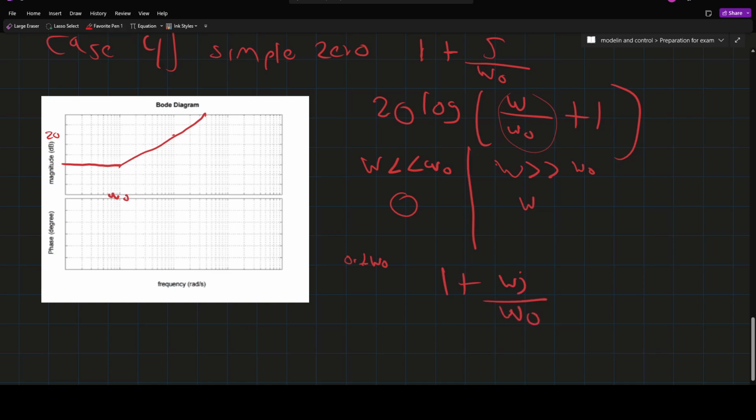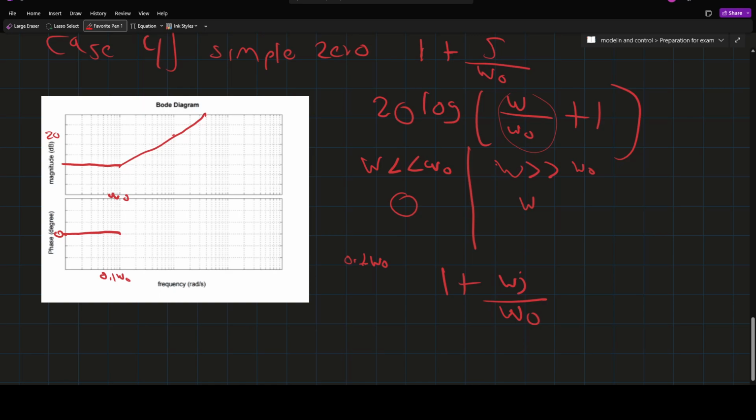So when our omega is like 0.1 of omega naught, then we know that our phase is 0. Our angle is 0 because this is going to go to 0, and we are going to have the angle of just the real part.